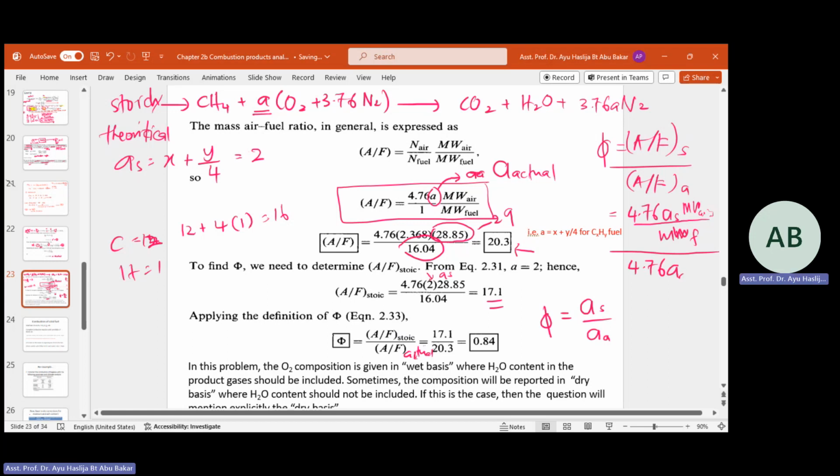The difference is only the A. Everything else is the same, so we can cut off the fuel and 4.76. So at the end you can just use the A value only. You get the same, right?